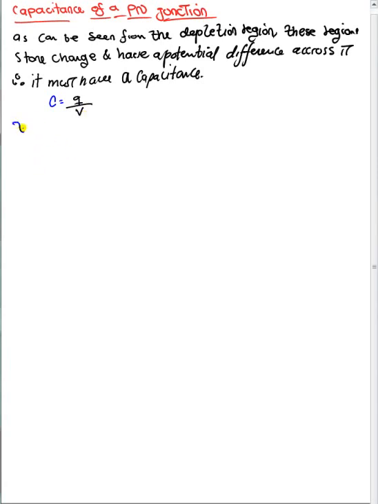For example, let's take the case of a reverse biased junction.